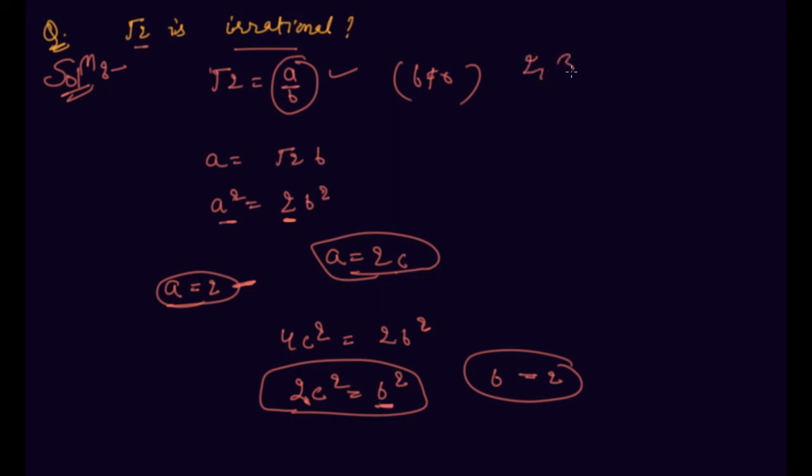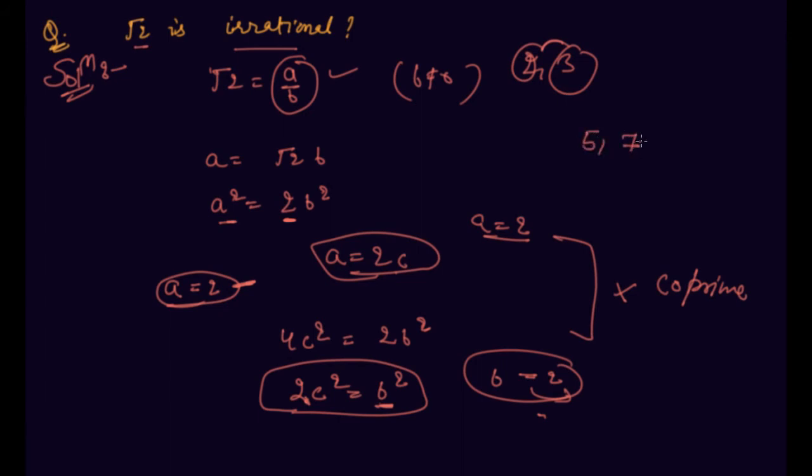Co-prime numbers are these numbers which are prime to each other. So if b is having a multiple of 2 and a is also having a multiple of 2, then these two numbers cannot be co-primes. Co-primes means these numbers should not have a common factor except 1.